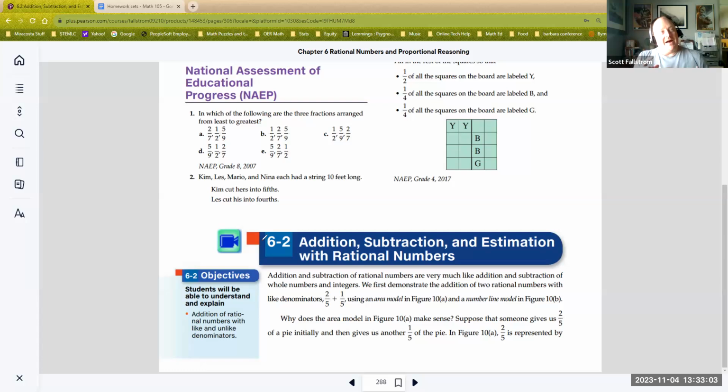Now, again, I think it's best to think about all of addition being the same. When you think about addition, addition is really like combining like objects.